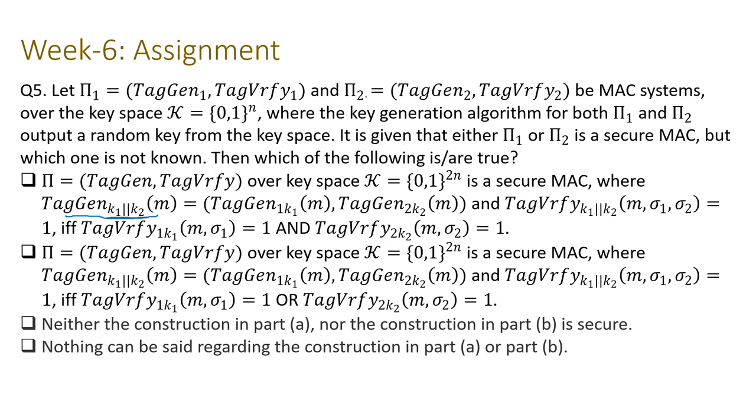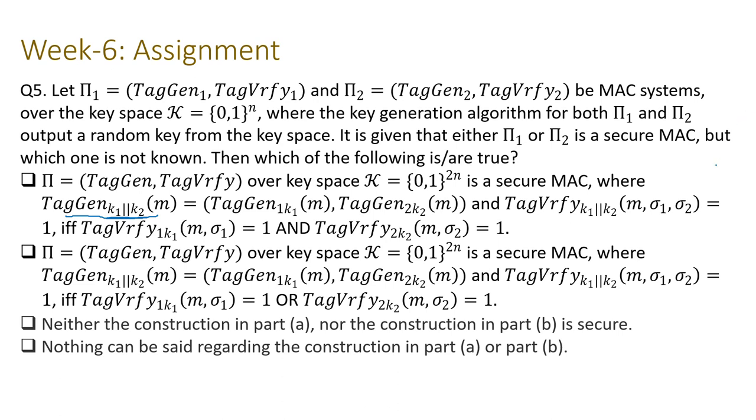It verifies whether tag verify 1 with message m and MAC sigma 1 is a valid message tag pair with respect to key k1, and also tag verify 2 with respect to key k2 implies that m and sigma 2 are valid message tag pair. If both of the conditions are satisfied, then only pi actually accepts m, sigma 1, sigma 2 as a valid message tag pair.